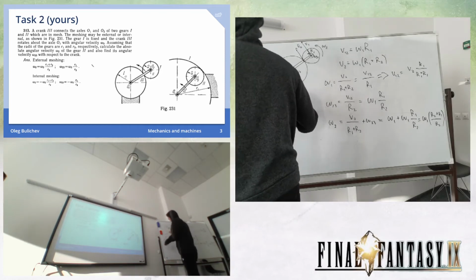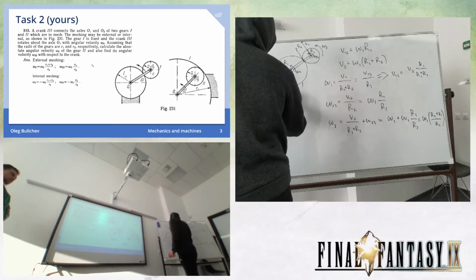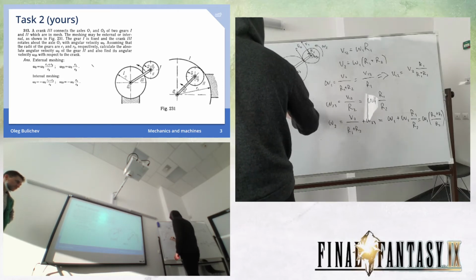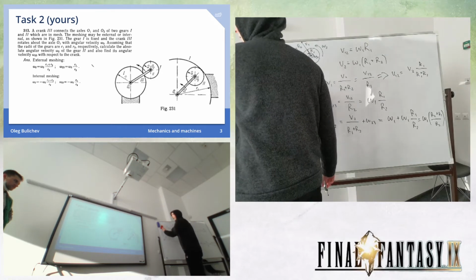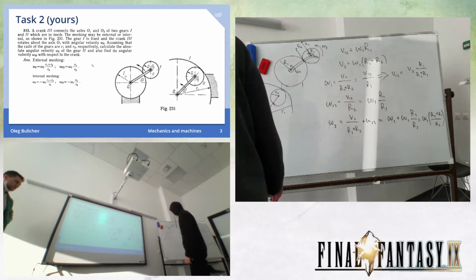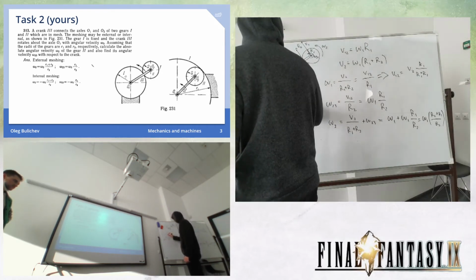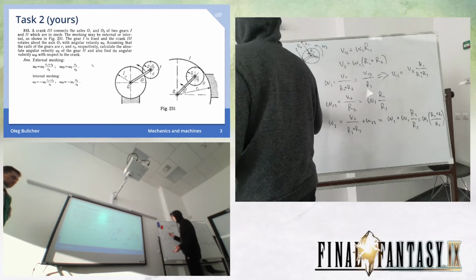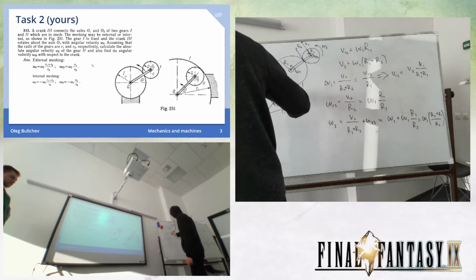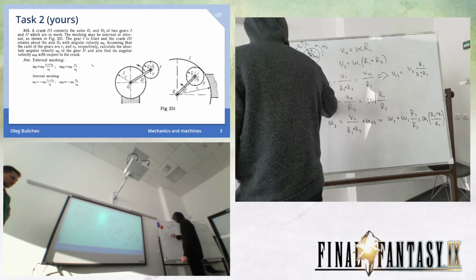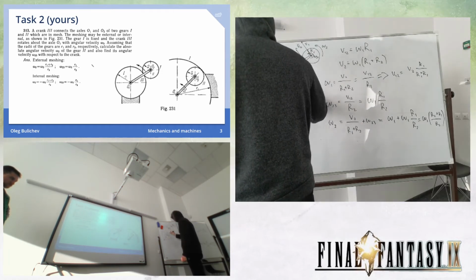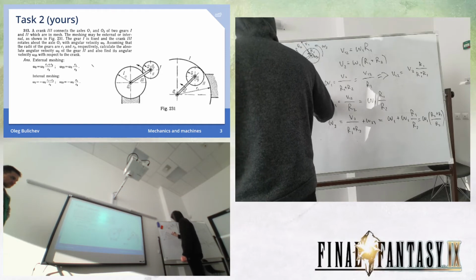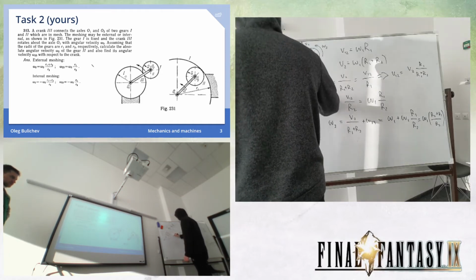Pair 2. This 1. We again need to find V2 and V23. V23 is... well, why 2, 3? Let's call it V1, 2. And this is V2.